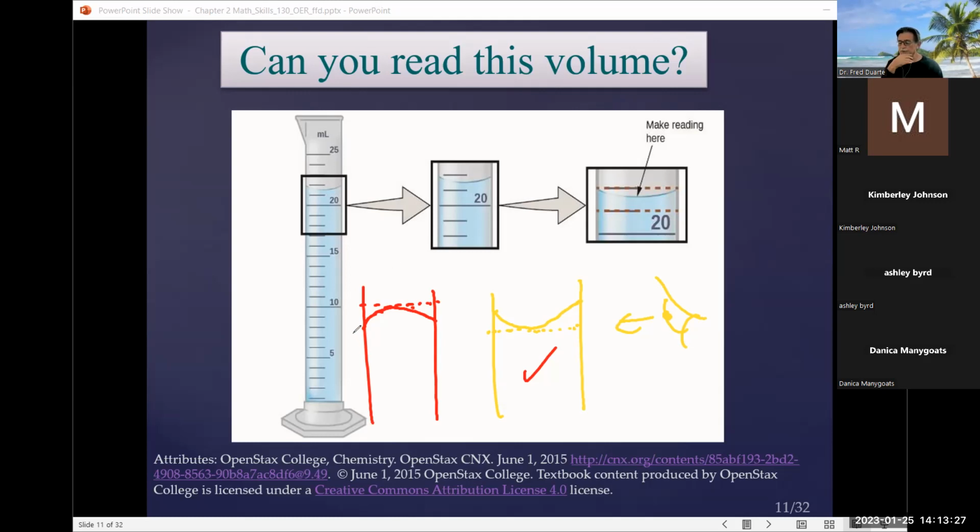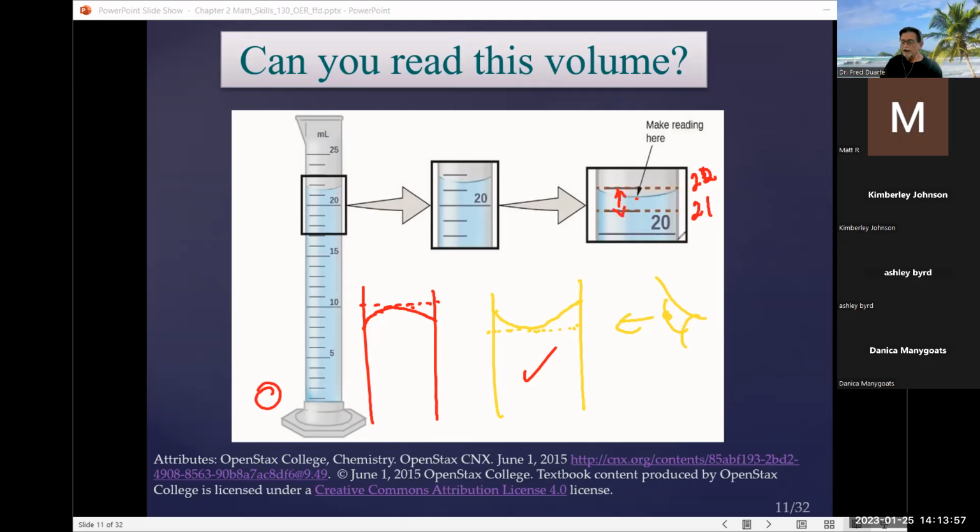Point 1 about reading the volume here, as I stated, check your 0 point. So this is 0 at the bottom, so we're reading up. Look at your scale. It looks like these are increments of 1. And so this here happens to be 20, this is 21, and there's 22. Okay, so we're going to guesstimate between these two numbers.